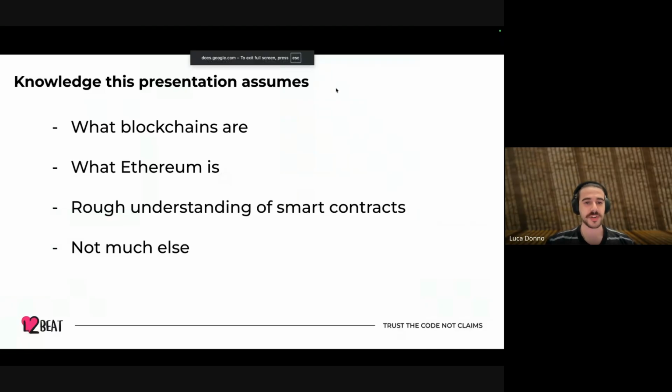A rough understanding of smart contracts, like the fact that Ethereum is a programmable blockchain, and how this is different from Bitcoin, for example, where you cannot do very complex stuff while you can do it on Ethereum because there are smart contracts, but not much else. I will try to explain everything else that has to do with L2s from first principles, as if you were to come up yourself with the concept or the implementation of the L2s.